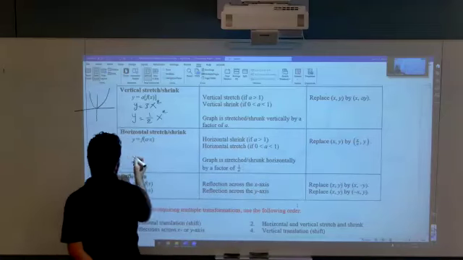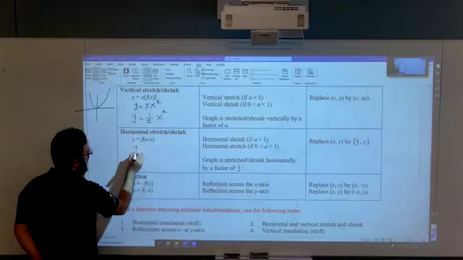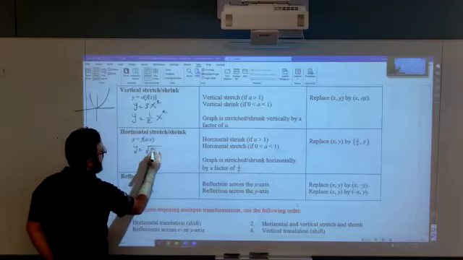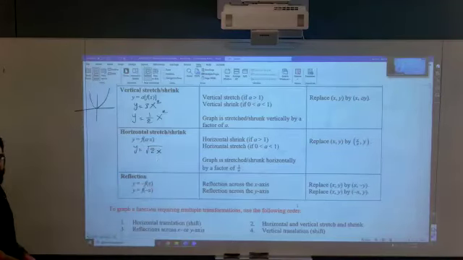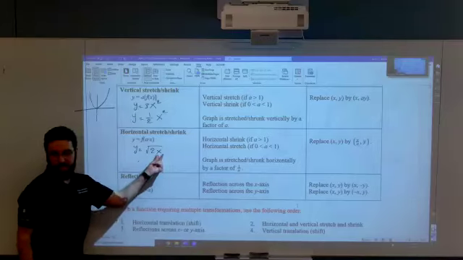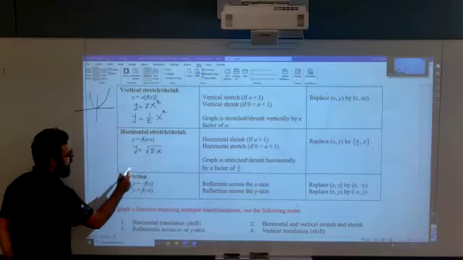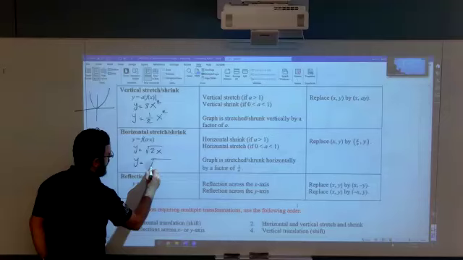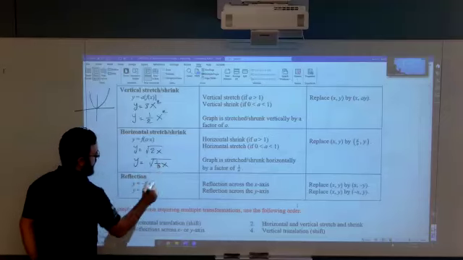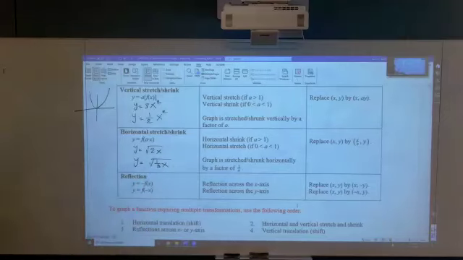For example, y equals square root of 2x. See? The basic function is square root of x, but there is a number inside. Or y equals square root of 1/3 x. Is that okay?